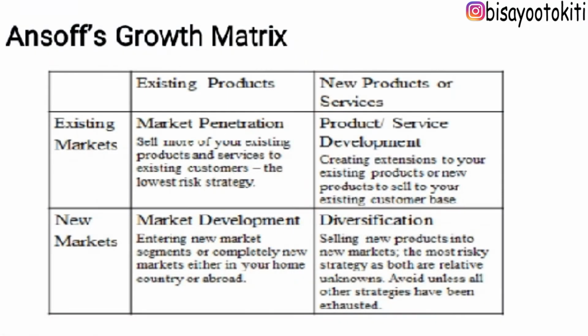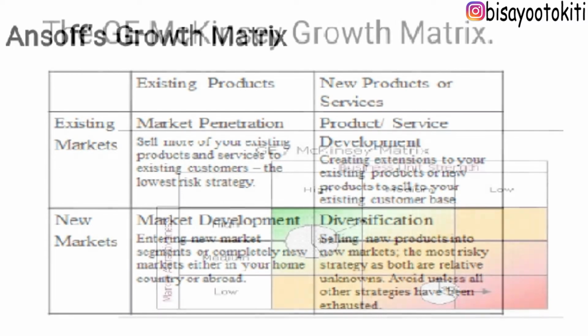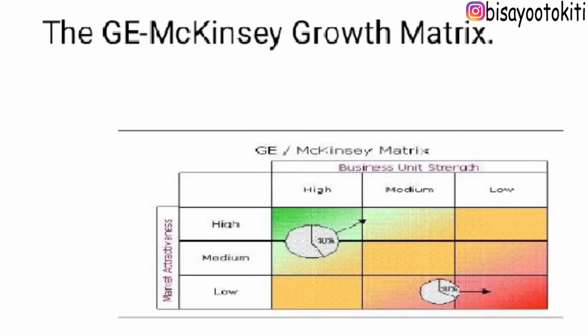The matrix will be shown in the slide, so relax. I've mentioned two now. The first one I mentioned was the Ansoff growth strategy by the professor of industrial administration. Then I've also mentioned the BCG matrix, and I've explained the two dimensions of high growth rate and low growth rate, and market share and market growth.